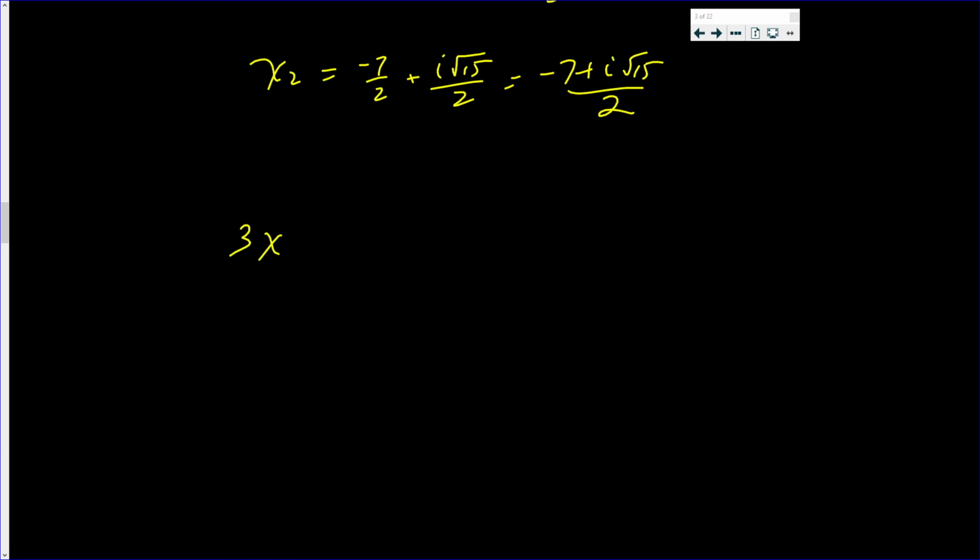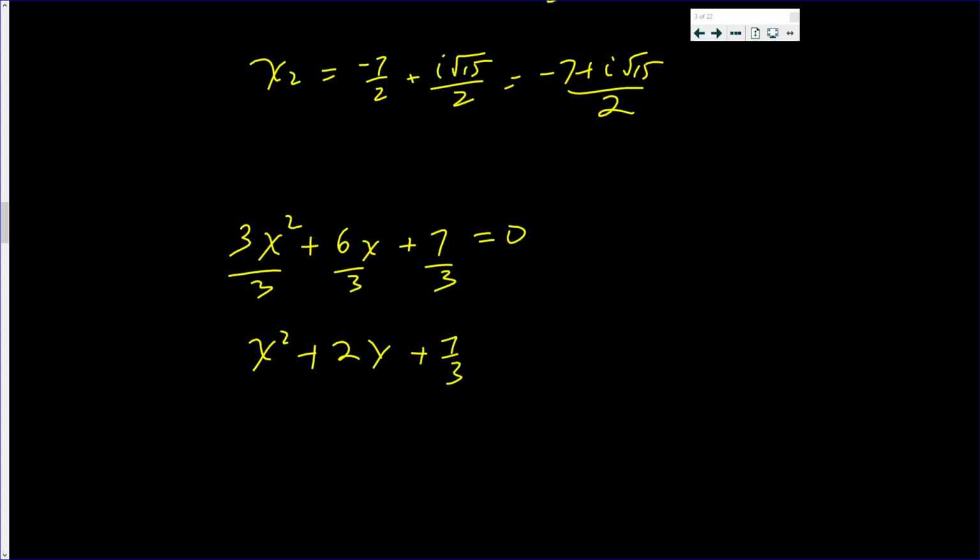If you had 3x squared plus 6x plus 7, you want to know when it equals 0, divide by 3. Divide by 3. So you get x squared plus 2x plus 7/3. You negate that number, you get negative 2.